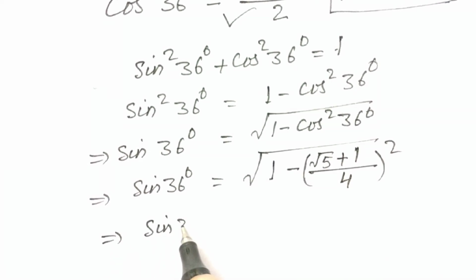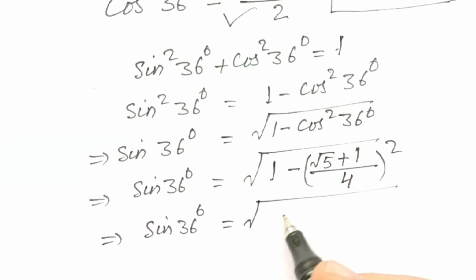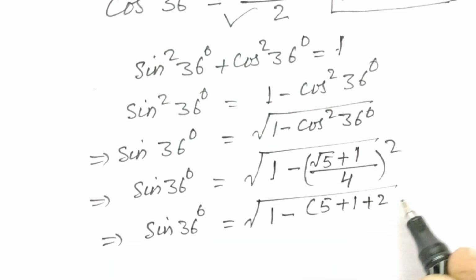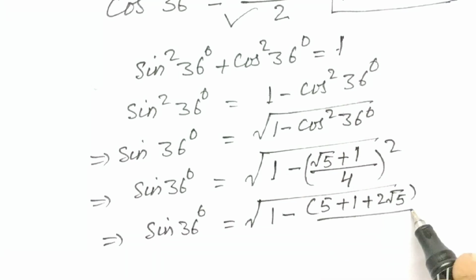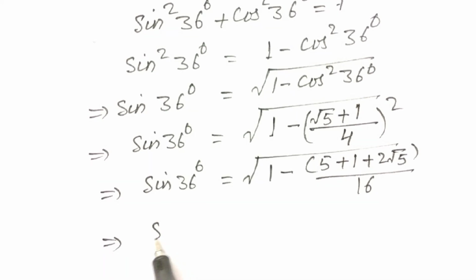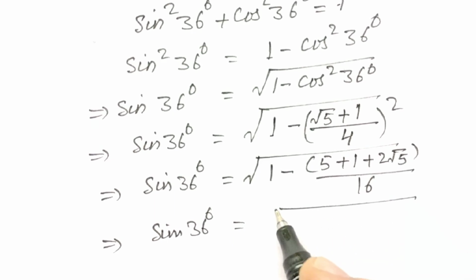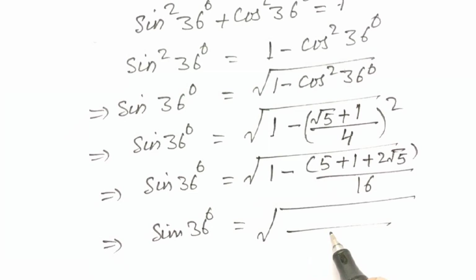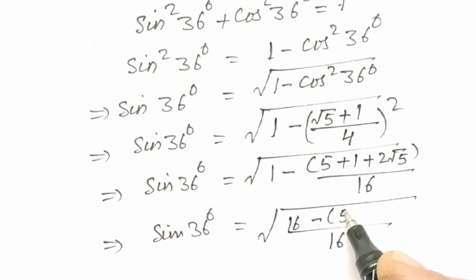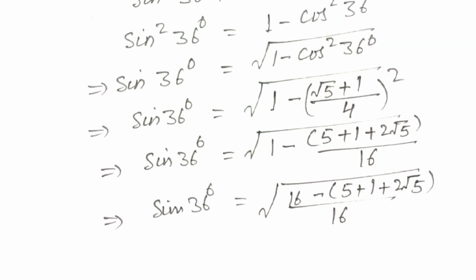So sin 36 degrees is equal to square root of 1 minus 5 plus 1 plus 2 square root of 5 over 16, right? So sin 36 degrees is equal to square root of, with 16 as LCM, 16 minus 5 plus 1 plus 2 square root of 5, right?